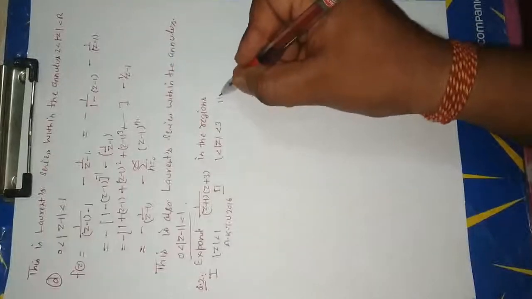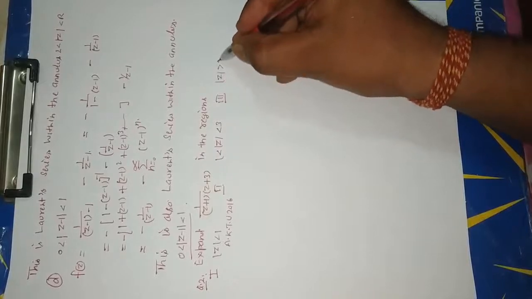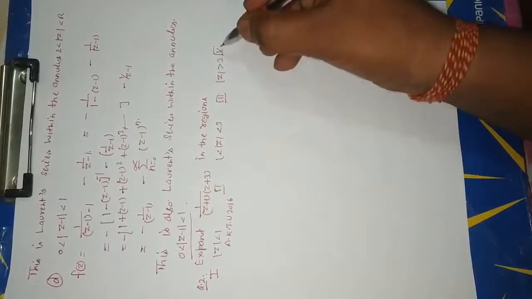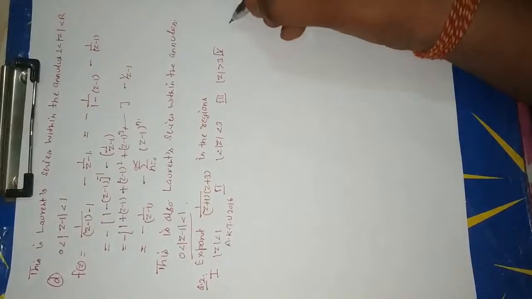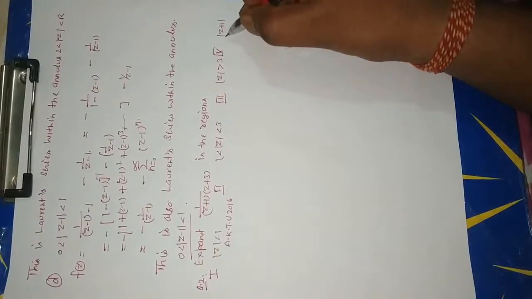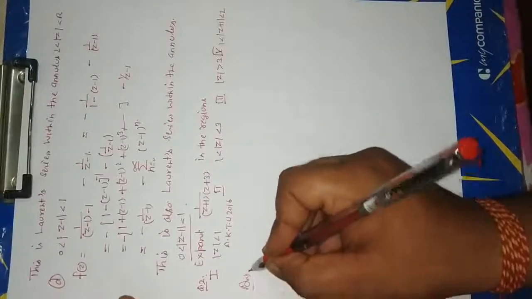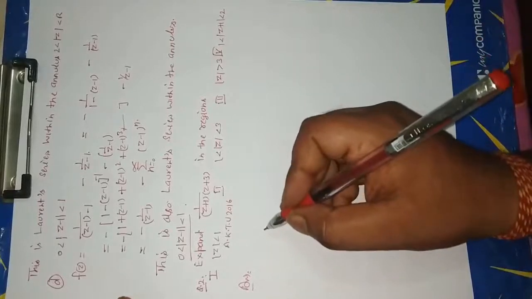Third part, |z| > 3, and fourth part, 1 < |z + 1| < 2. Okay. Now the solution.